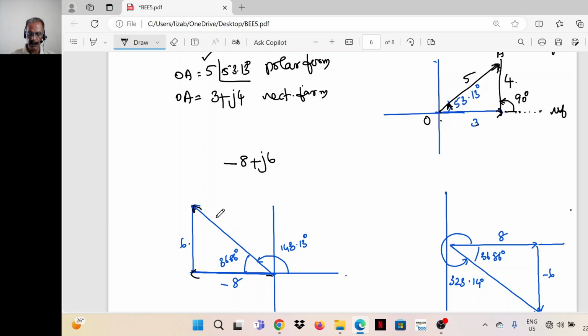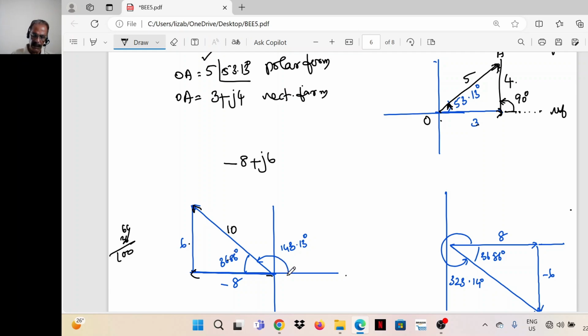The resultant phasor has a magnitude of square root of 8 square plus 6 square, which is 64 plus 36, that is 100. The square root is 10, so this is 10 units. If we calculate this angle, tan inverse 6 by 8, you will get 36.86.